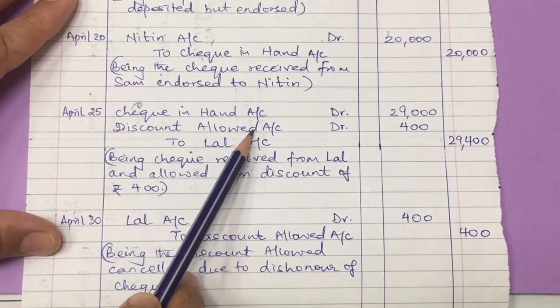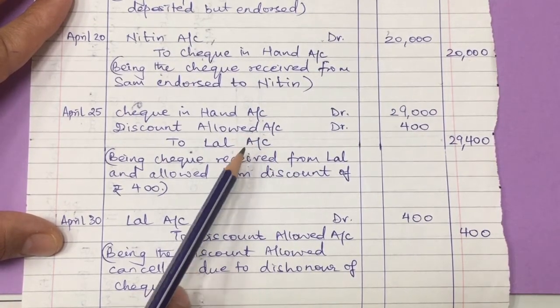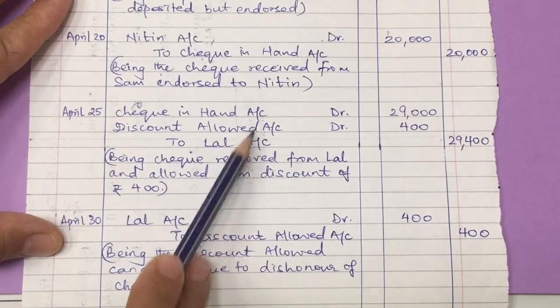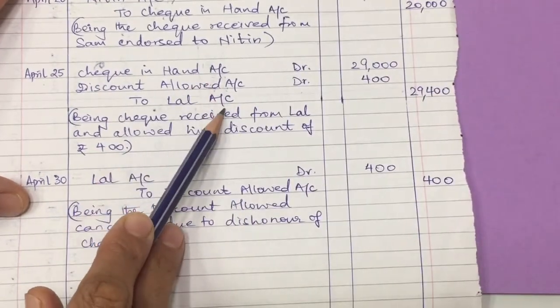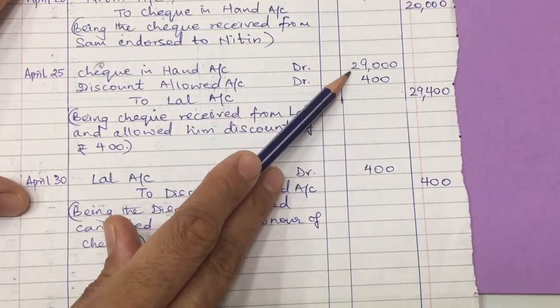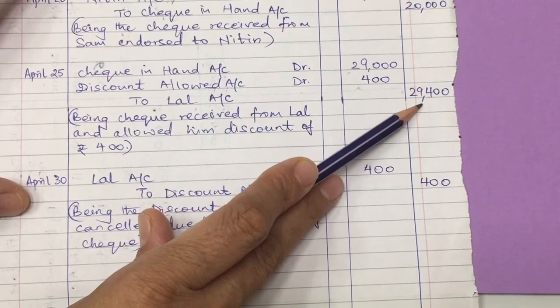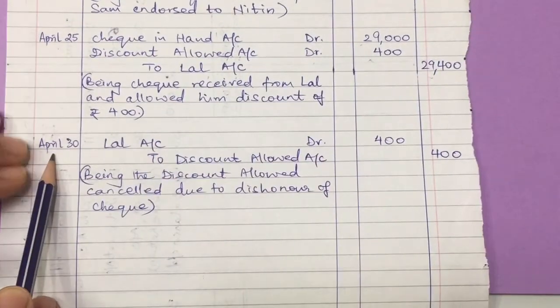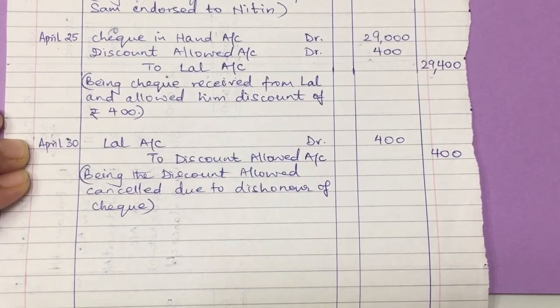Discount allowed is an expense, nominal account, crazy account, works in opposite manner. It will start dancing. Discount allowed on debit side. From where? These two from Lal account. So 29,000 and 400 was the discount. Total is 29,400.